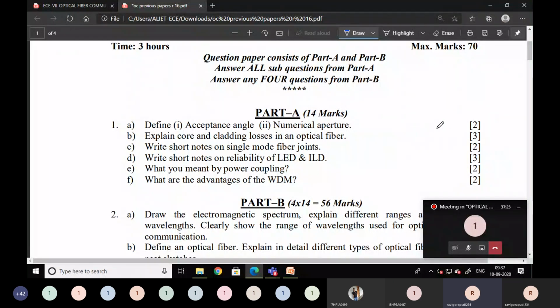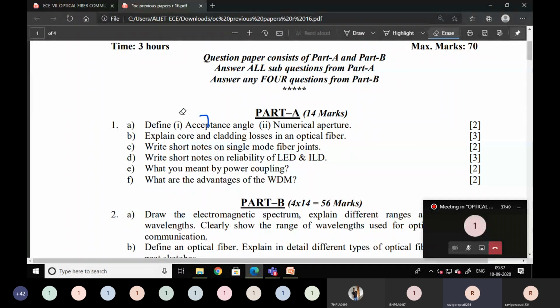He has given 2 bits for 2 marks. Remember that sometimes he may ask some derivations for 7 marks also, acceptance angle for 7 marks and numerical aperture for 7 marks. Based on your part, either part A or part B, you have to understand how much answer we have to write.